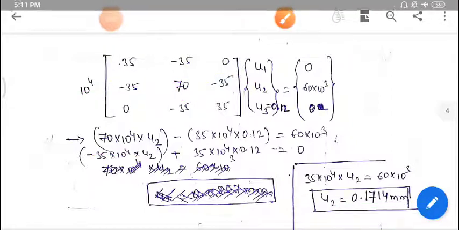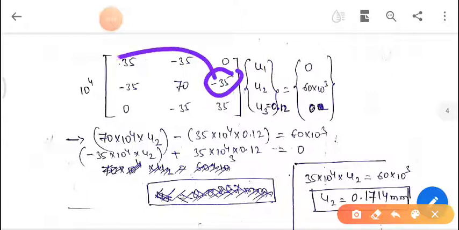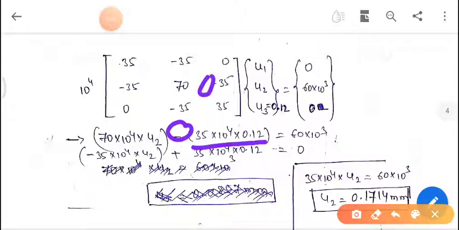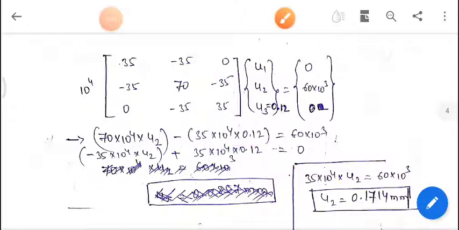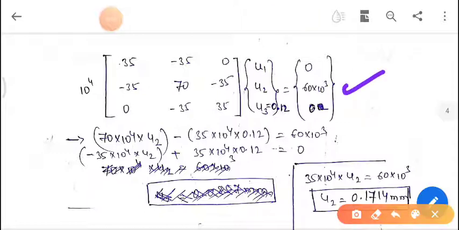Next we have minus 35 into 10 raised to 4 into u3, and u3 is 0.12. That's what I have written, 35 into 10 raised to 4 into 0.12. Here we have a minus sign, which is equal to 60 into 10 raised to 3, which we have written here.